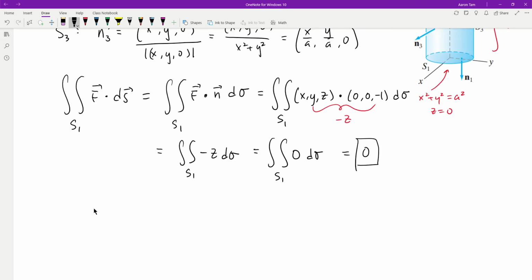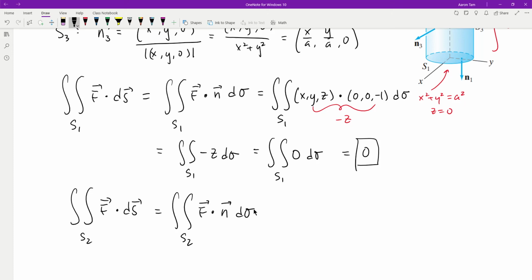Now let's do the surface S2. Once again, vector f is just x, y, z. The normal vector for S2 is 0, 0, 1, d sigma.